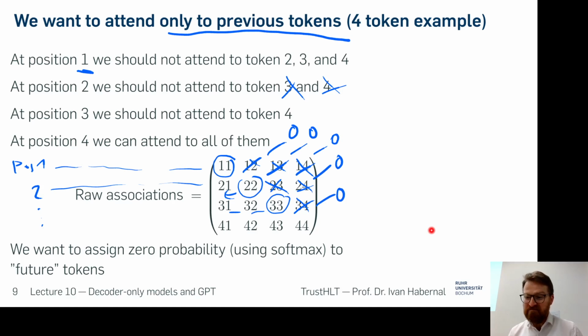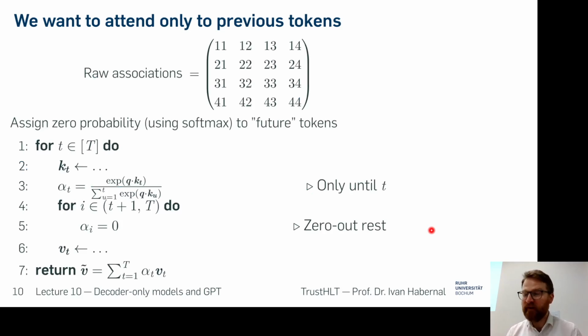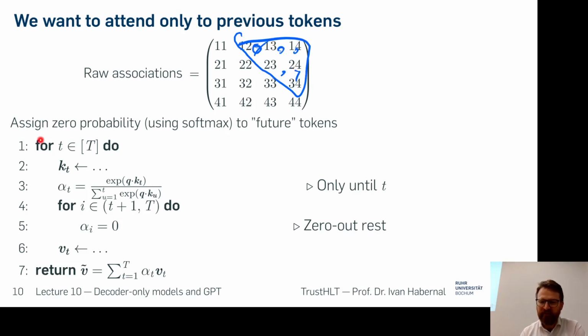So I have a solution, which is bad, but it works. Why is it bad? We'll see later. What we said is we really want to do this. This will be 0, 0, 0, 0, 0. So, okay, let's use a for loop. For each t, where t is the input length, the number of tokens, for 1, 2, 3, 4, we do the key and the softmax scaling, and after the softmax scaling, we say for each token which is after the current index, give it a 0.